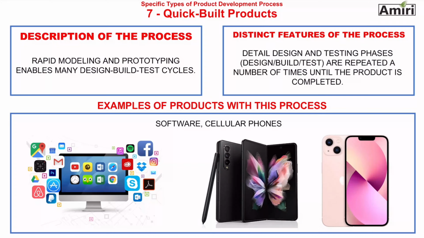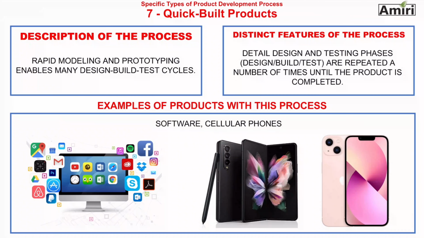And again, it depends on the type of product. But for example, with software, a lot of large software companies such as Microsoft, Apple, a lot of big app developers, they have a cycle of a new version of software every day. At the end of the day, a new version is updated within the company and modified.